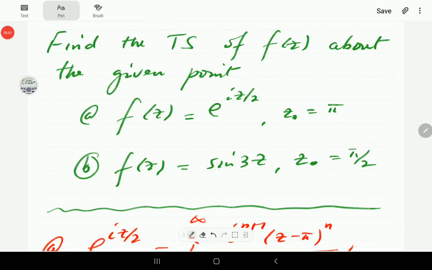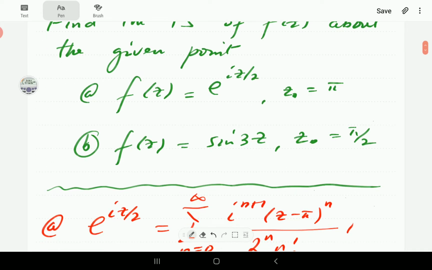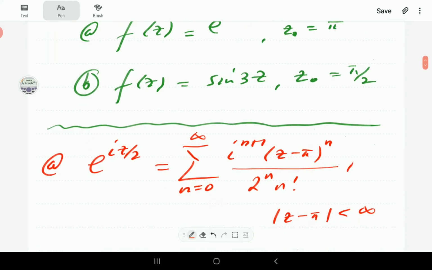Okay, in this video, it's going to be the last in a series of videos on Taylor series of complex numbers. We're going to look at the Taylor series of these functions expanded about the given points. In particular, example A, we have looked and we've worked it out in our part 2 video.